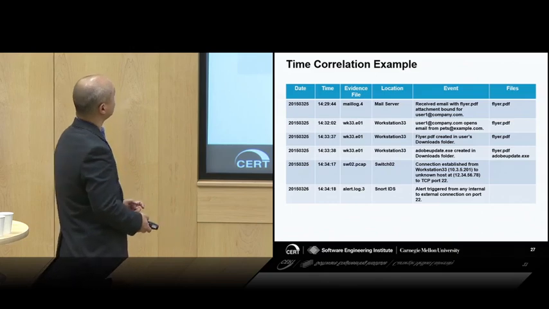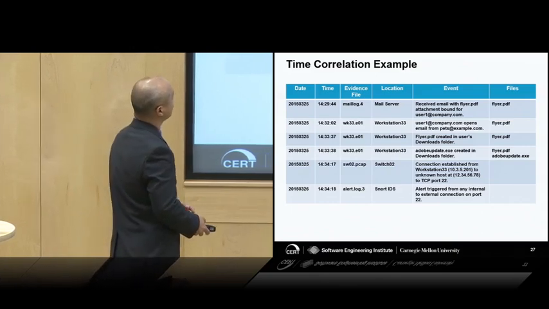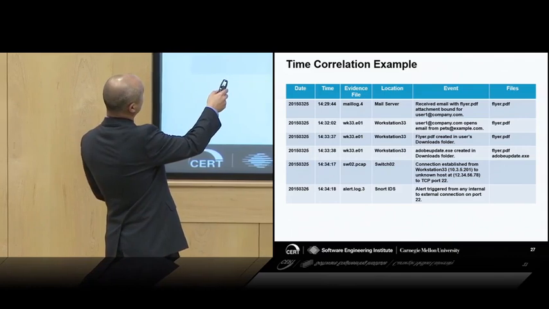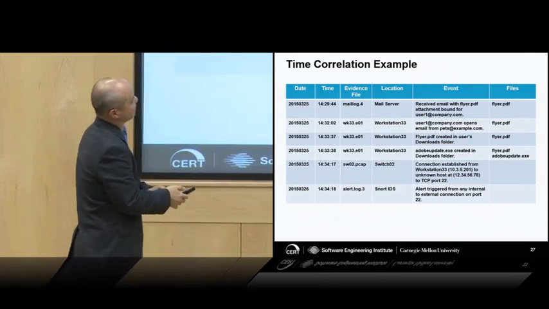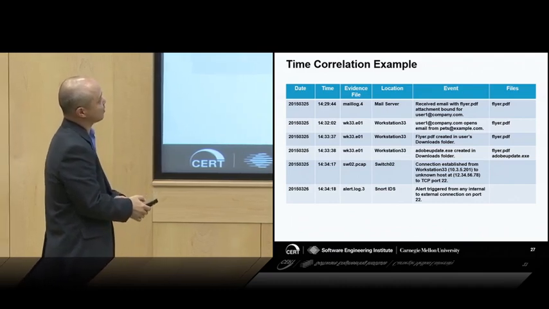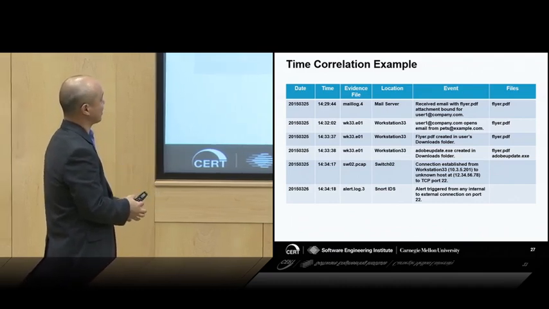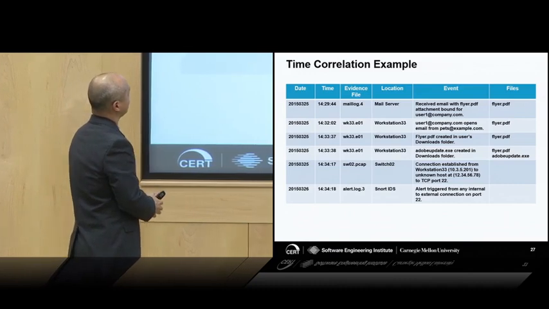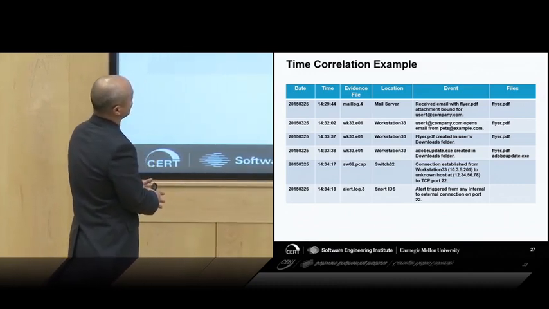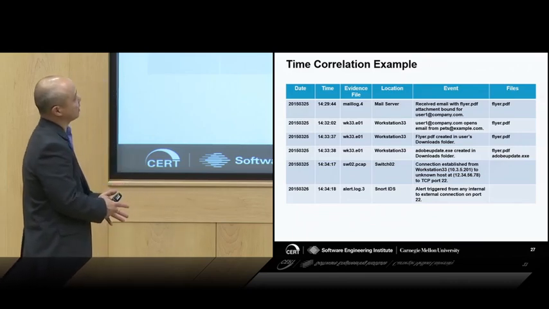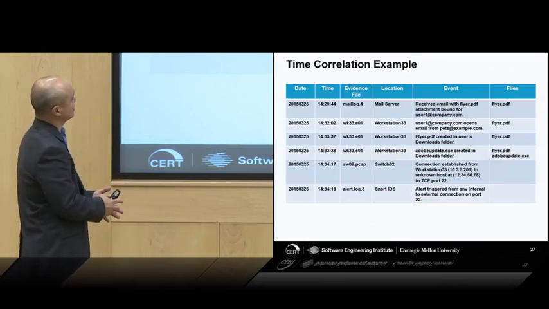So here's just an example of the time correlation from the mail server. At 14:29, the user received an email with a PDF attachment bound for this user at company.com. And then about 3 minutes later, workstation 33, user 1 opens the email.